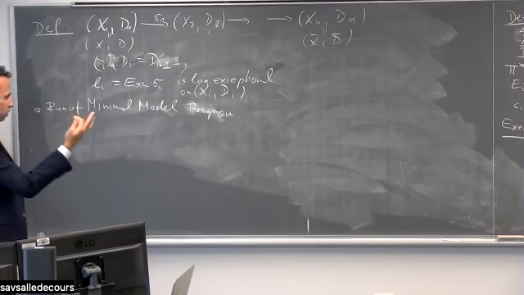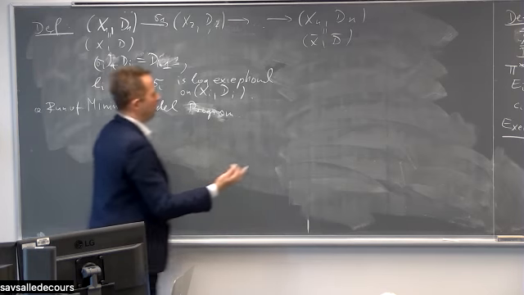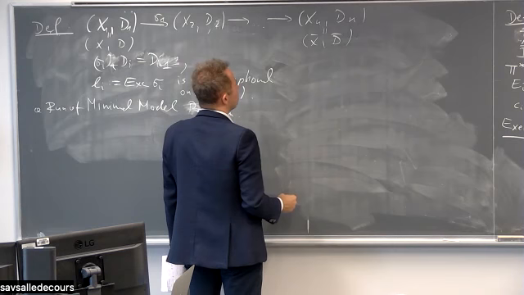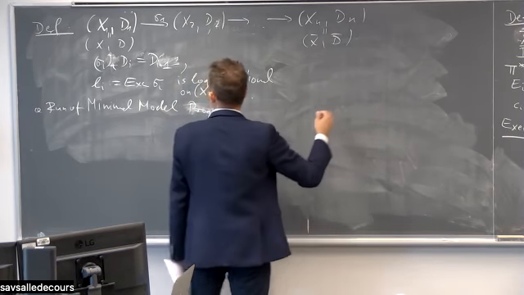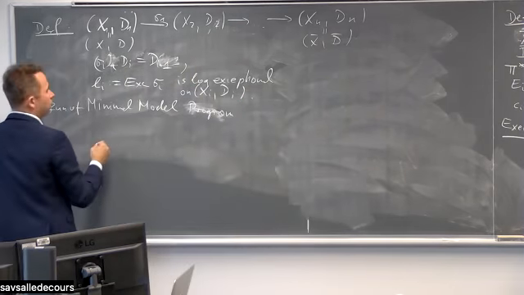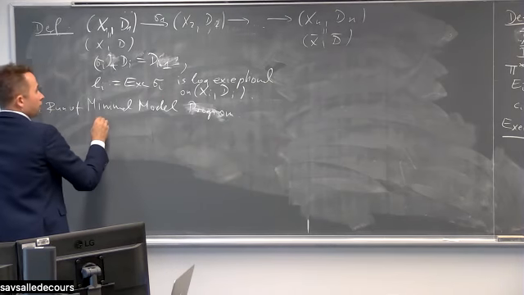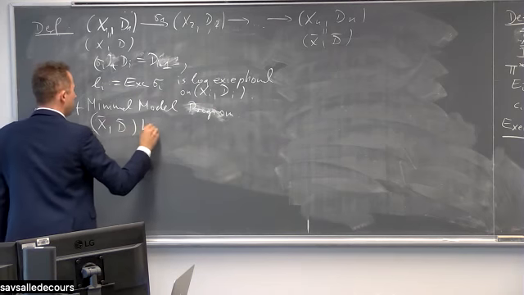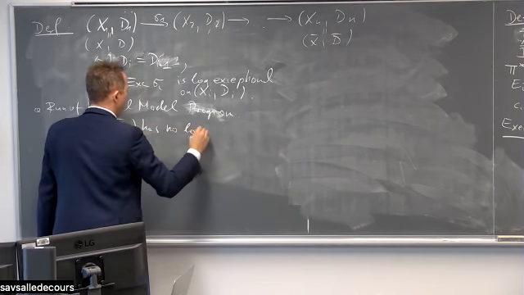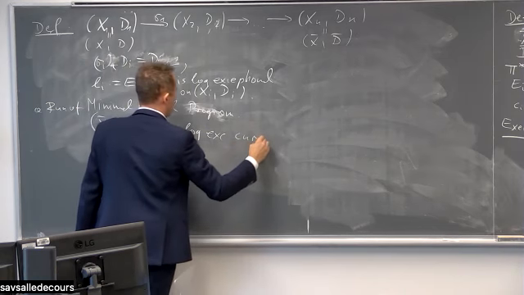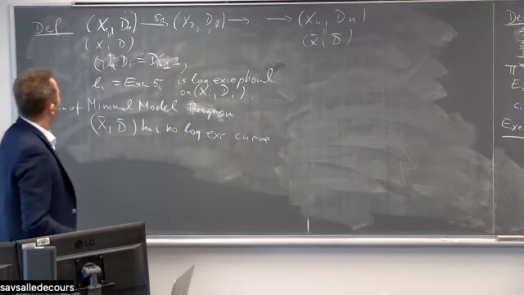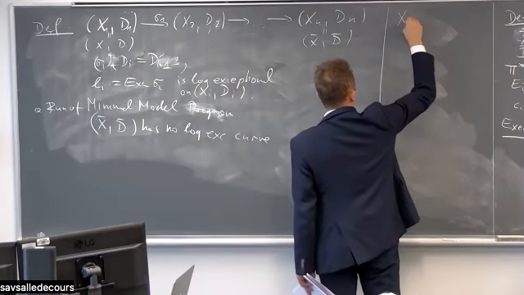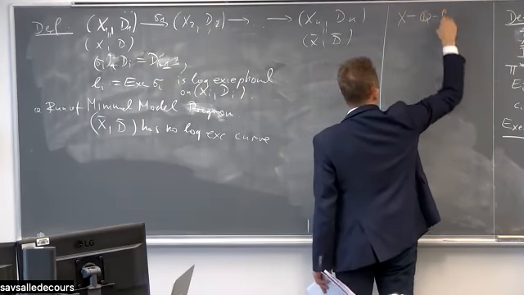Now, this is actually a partial run, because so far I did not say that it cannot be extended. But let's make it so that (X bar, D bar) has no log exceptional curve. So X1 is smooth here. X is in general Q-factorial.